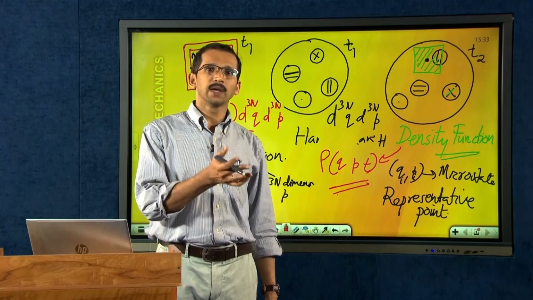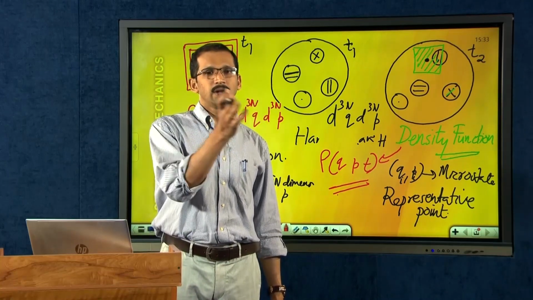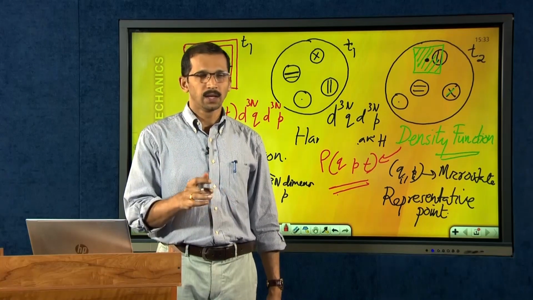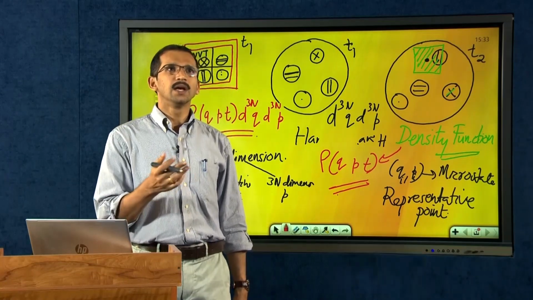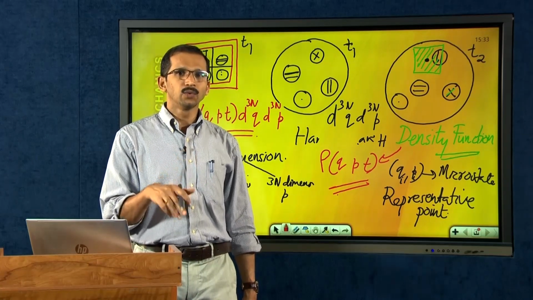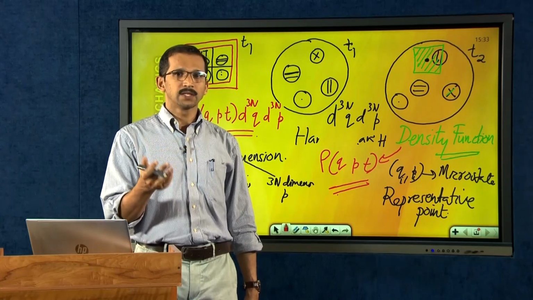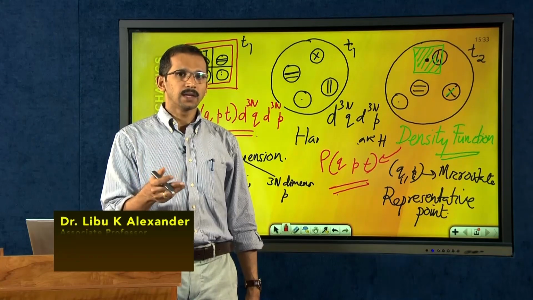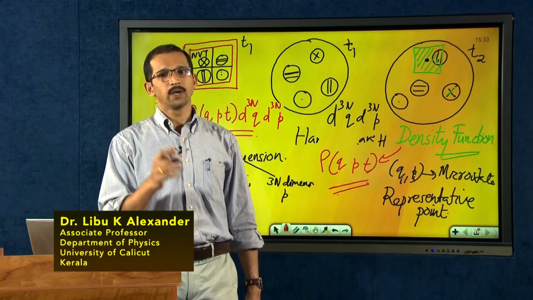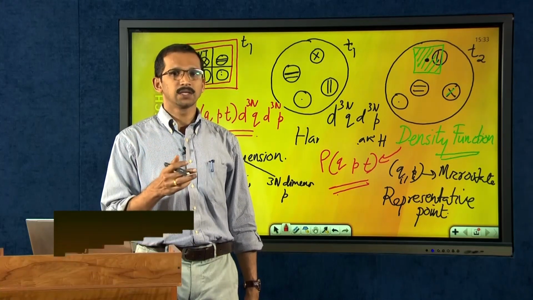You can then compare the density function at different times, say t1, t2 and t3. So, the density function allows us to compare how the members of the ensemble are distributed among all possible microstates at different instances of time.